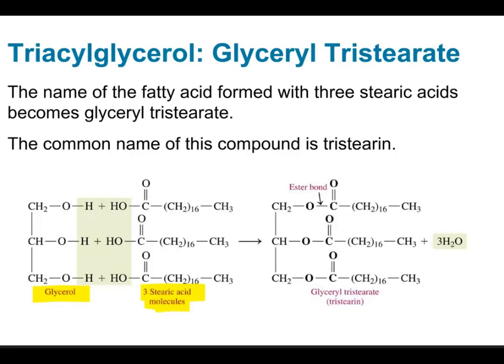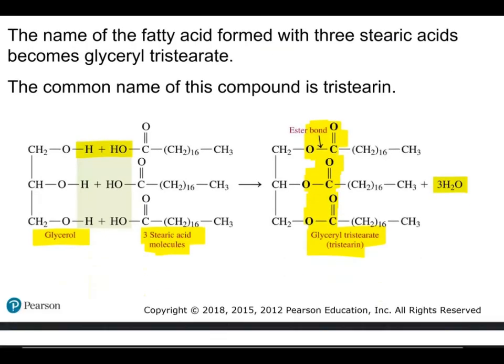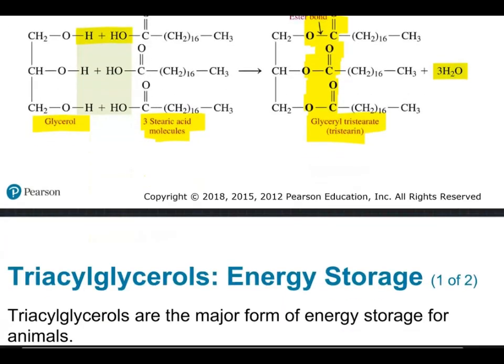Tri, because there are 3 residues, stearate. You can see that hydrogen and OH groups form molecules of water, and glycerol and fatty acids are now connected by the ester bonds. Okay. Questions?